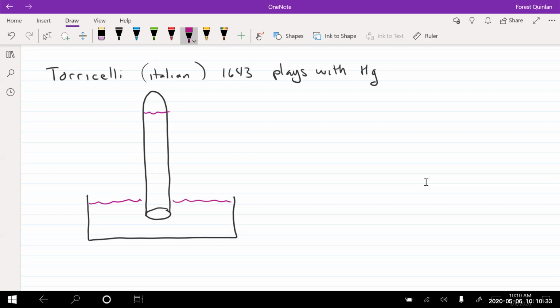So let me ask a question to the class. Can we agree that all of this mercury in here would love to fall out of that tube, would love to have gravity pull it out? Yes. Thank you. So the mercury wants to go down, gravity pulls it down.